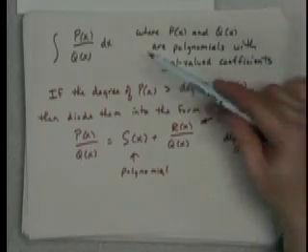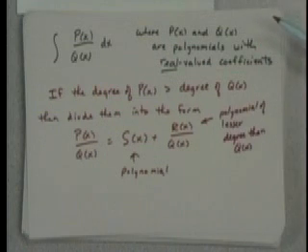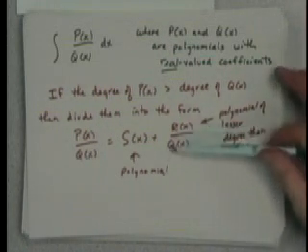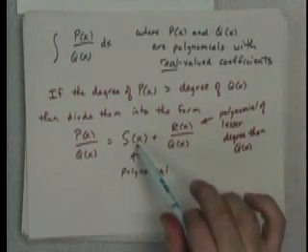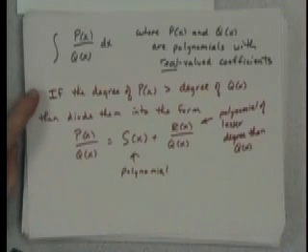So either we're going to start out with a rational polynomial where the degree in the numerator is smaller, or if it's not, we're going to divide it out until the rational polynomial is, and we can integrate polynomials. We just use the exponent rule, x to the n over n. But that's kind of the first step.